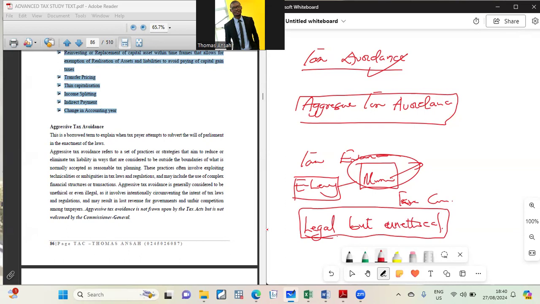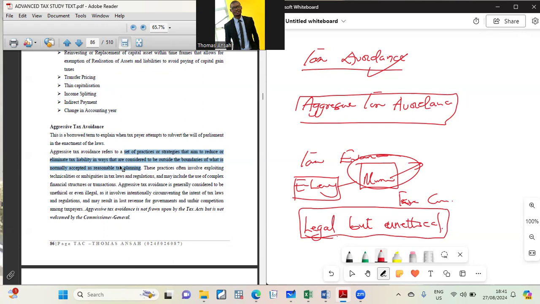We normally talk about the letter of the law and the spirit of the law. But with this one, you are using the letter of the law to circumvent it to your own advantage. It is a practice or strategy that aims at reducing or eliminating tax liability in a way that is considered outside the boundaries of what is normally accepted as reasonable tax planning activity.